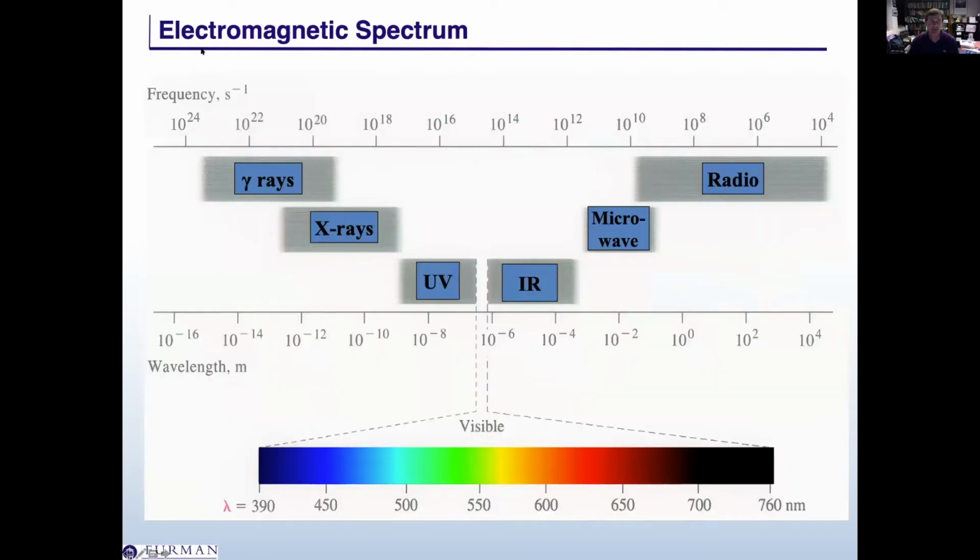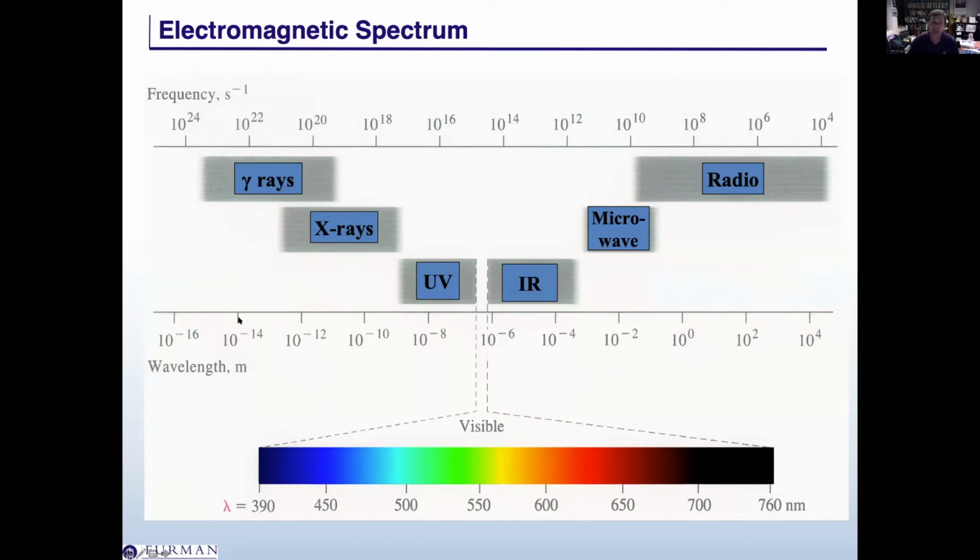So here I've got the entire electromagnetic spectrum for you. And it ranges in wavelengths from 10 to the 4th meters. So really long wavelengths. Remember, long wavelengths, low energy. So we don't really mind really low energy stuff bombarding us. That's radio waves. Radio waves are bombarding us all the time.